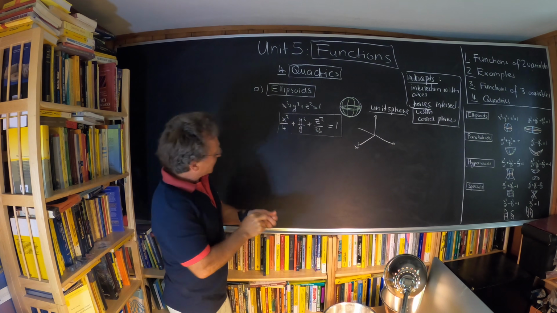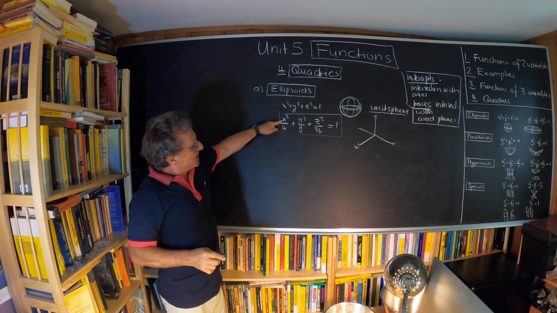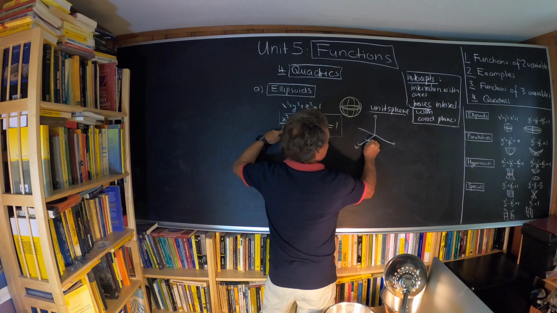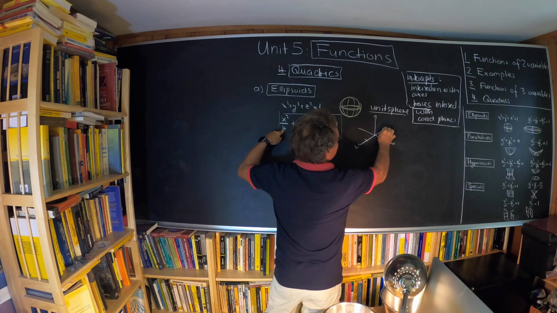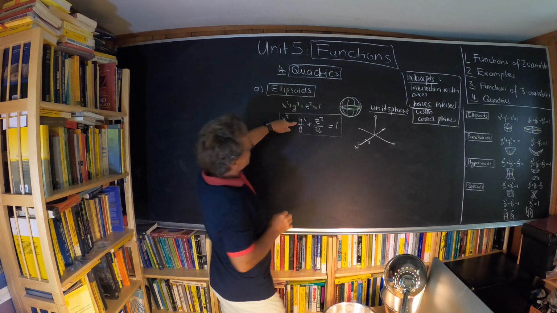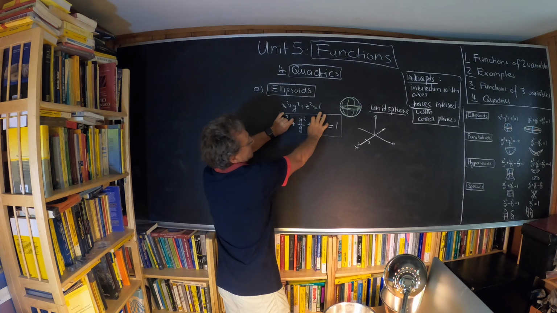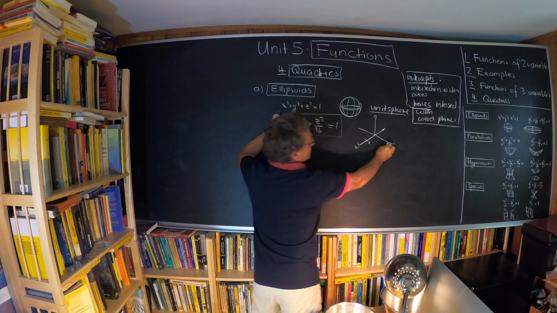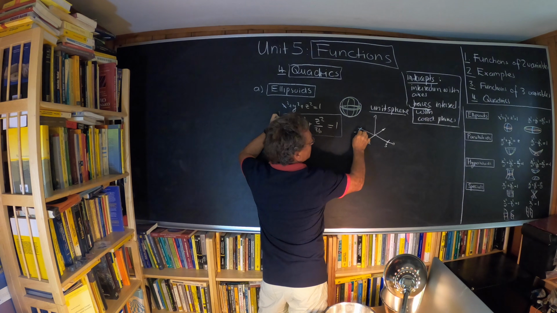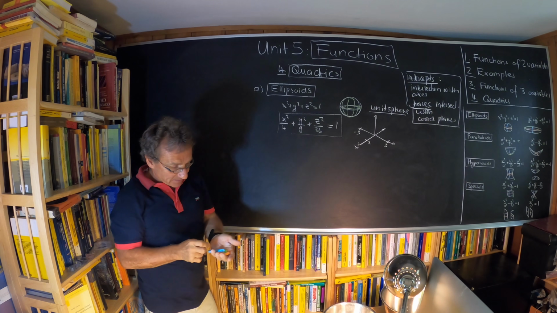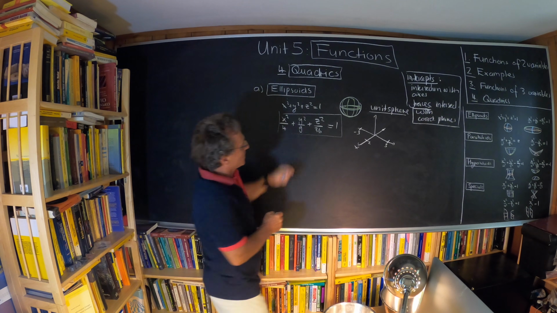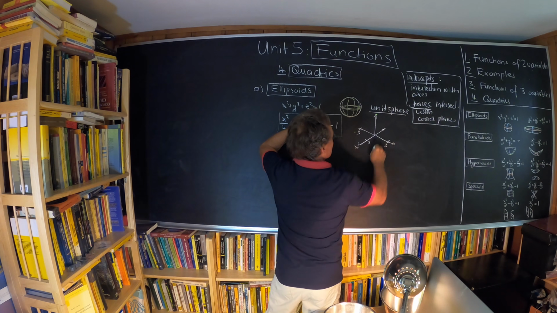In this case, if you look at the intercepts, x is equal to 2 is one, and x is equal to minus 2 is another one. When x and z are equal to 0, we see y is equal to 3, and y is equal to minus 3. And when x and y are equal to 0, we see that z is equal to 6, so minus 6.